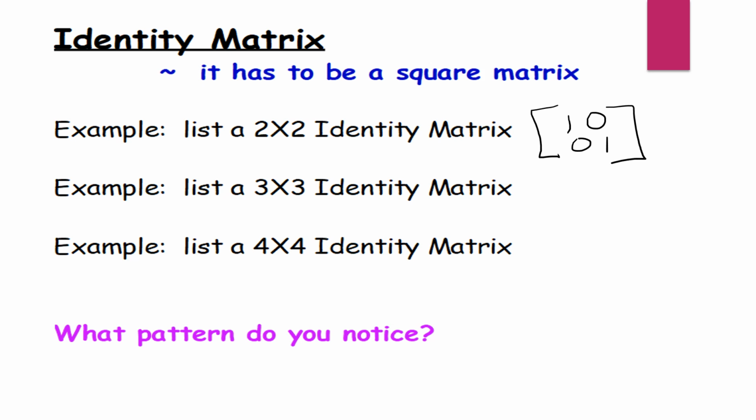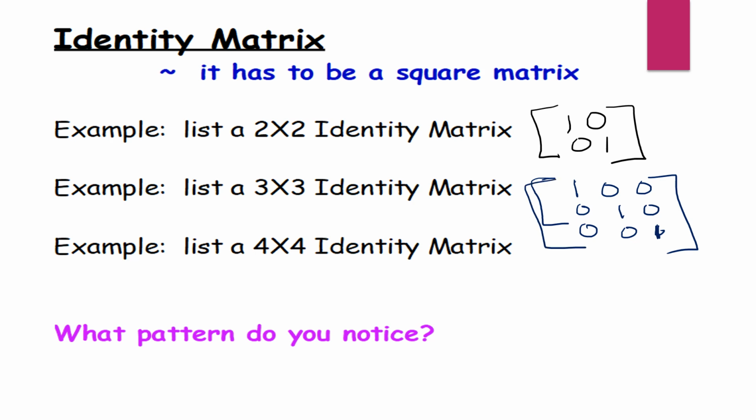Okay, so a 3 by 3 identity matrix has 3 rows and 3 columns. The first row will be 1, 0, 0. The second row is 0, 1, 0. And the third row is 0, 0, 1.